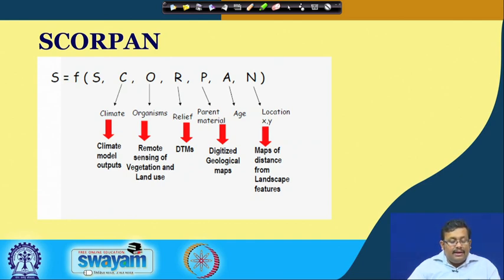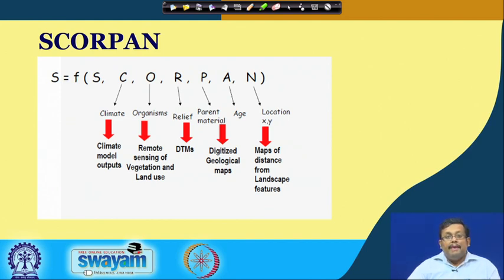Climatic data you can get from different types of available climate model outputs, and organism data you can get from remote sensing of vegetation and land use. Relief data you can gather from digital terrain models, parent material data from digital or digitized geological maps, age data is also available, and location data you can get from GPS receivers.